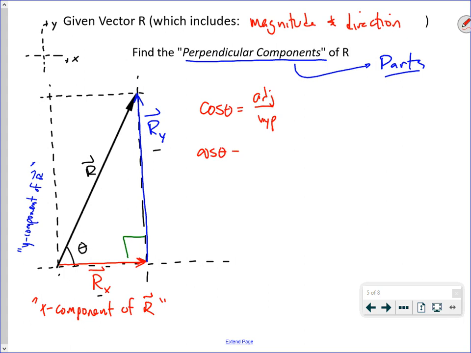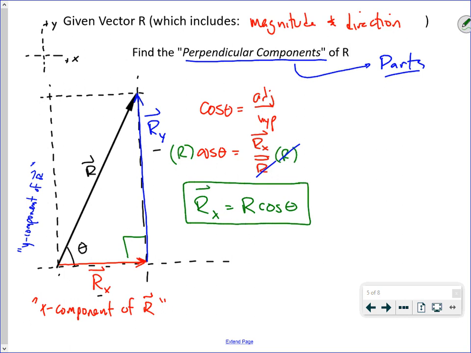That means the cosine of theta is Rx over R. I told you that we know R and theta, so if I multiply both sides by R, what we end up with is Rx is R cosine theta.